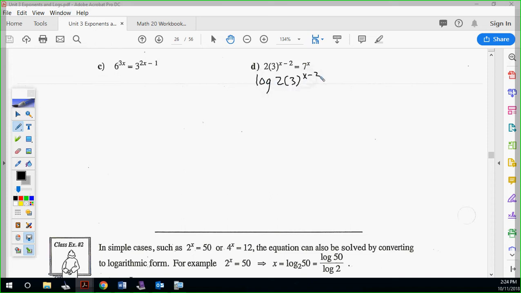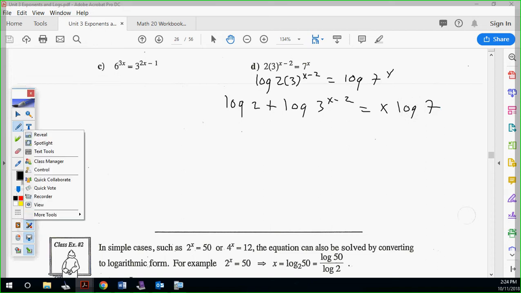But the problem is that we can't drop the x minus 2 because that 2's in the way. But it's a product, so we want to write like this. Now you can drop the x minus 2. And so this is where you guys should get. That's usually the tricky part. See if you can solve it from there.